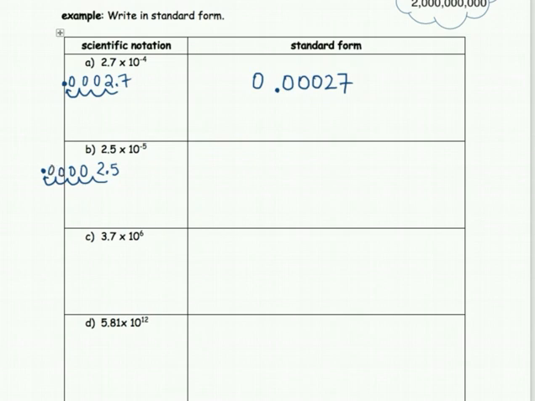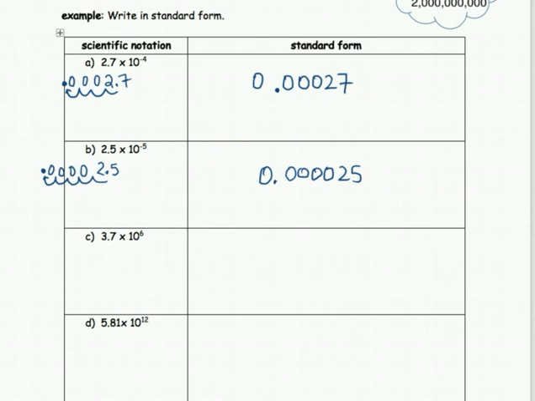So it moved 1 spot here, 2 spots, 3 spots, 4 spots, 5. So we need 4 zeros, 1, 2, 3, 4, 2, 5. Okay, so again, same thing, you're not going to write that decimal, you moved it. Sometimes I have students writing it like this, but then they keep the decimal where it was and then where now it's supposed to be. Okay, so just little errors like that, I'll have to take off marks, so just be careful.